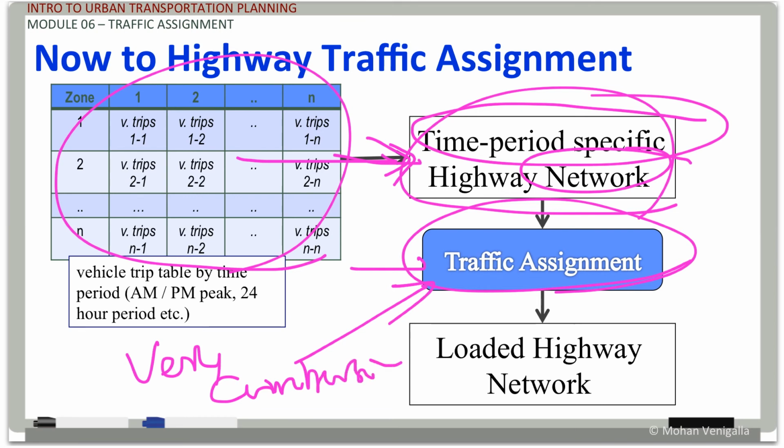Sorry for the handwriting, it looks like gibberish. Anyway, then comes the loaded network. 66 between exit 62 and exit 60, eastbound, X number of vehicles. The program tells you that under the scenario you are studying, and that's the output. That's your main goal of traffic assignment.